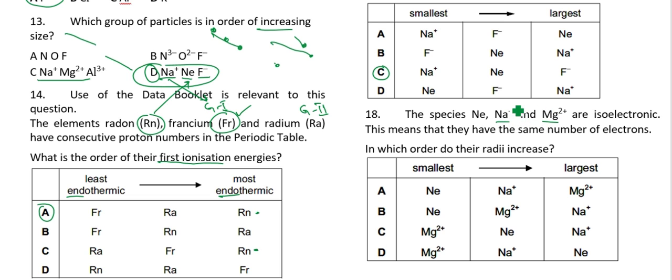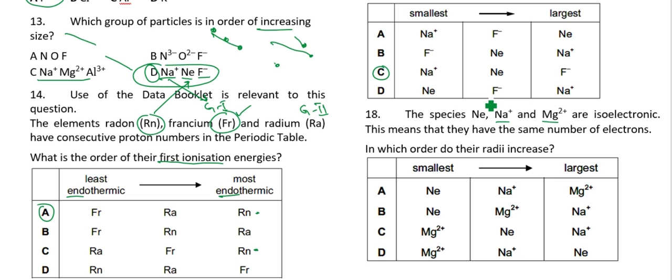So magnesium has a smaller size than sodium, and neon has a bigger size than the sodium ion. Why? Because neon is in the second period and is not involved in losing or gaining electrons, so its electronic shells are the same with equal distribution of electrons.